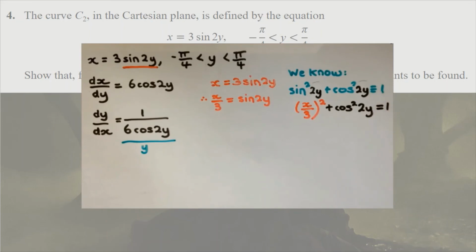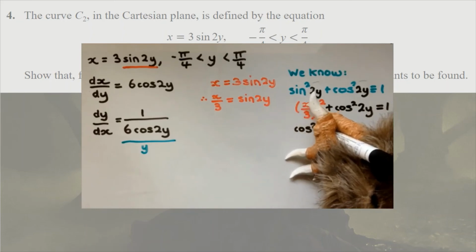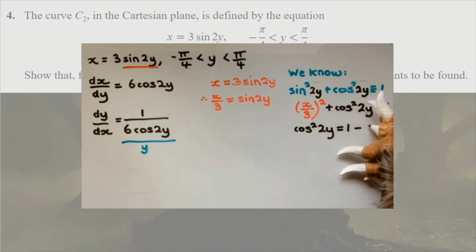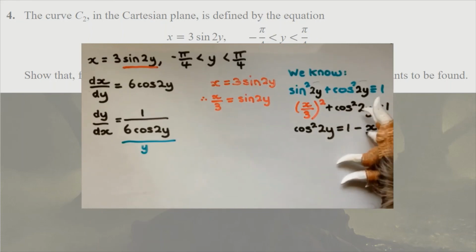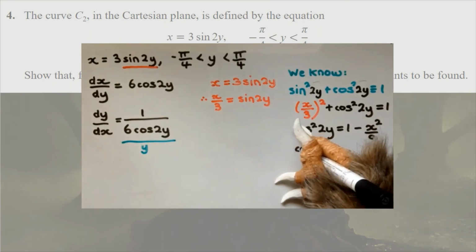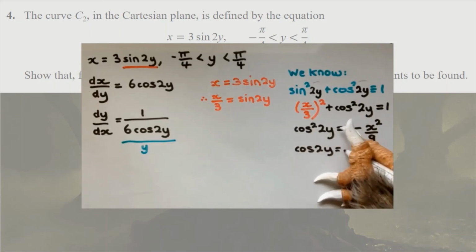I'm dropping the identity now because we've substituted in a specific expression. So let's just rearrange a little bit more. Cos squared of 2y must be equal to 1 subtract x squared over 9. So that means cos 2y must equal the square root of all that.